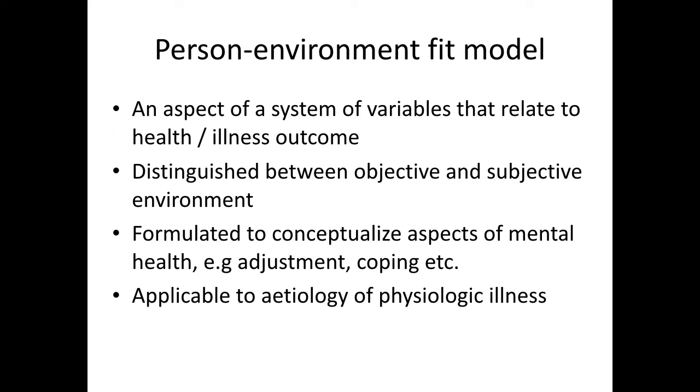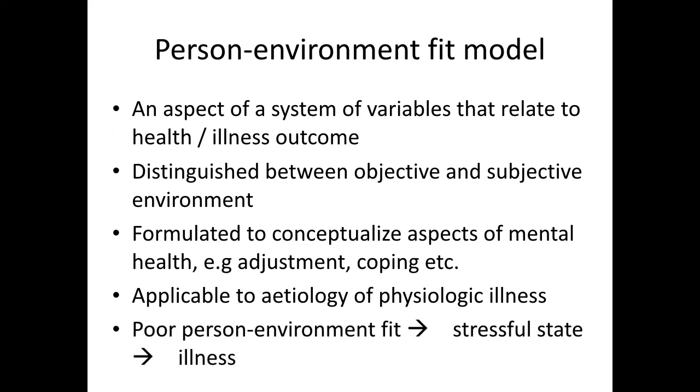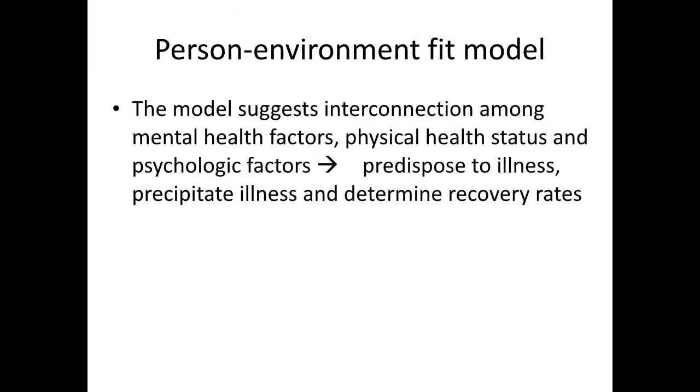And it is applicable to the etiology of physiologic illness, meaning that poor person-environment fit is a stressful state, and it will lead to illness. So the model suggests interconnection among mental health factors, physical health status, and psychological factors, which predispose to illness, precipitate illness, and determine the recovery rates.